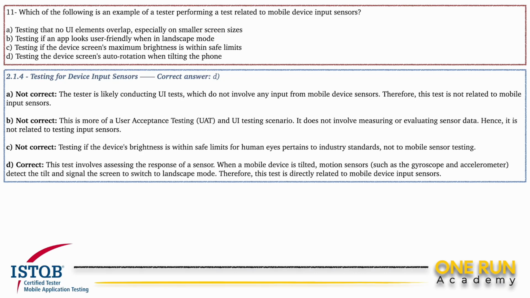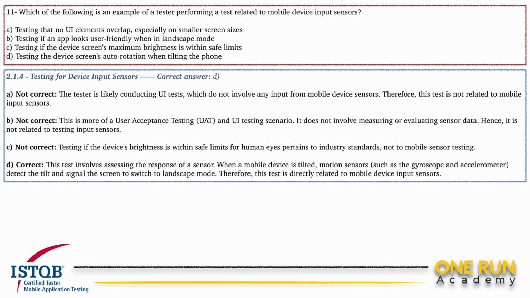Finally, we have option D, testing the device screen's auto-rotation when tilting the phone. Now, this one should be the correct answer, or our previous analysis could be all wrong. And thankfully, it is correct. As you may have noticed, this test directly involves mobile device motion sensors, such as the gyroscope and accelerometer.